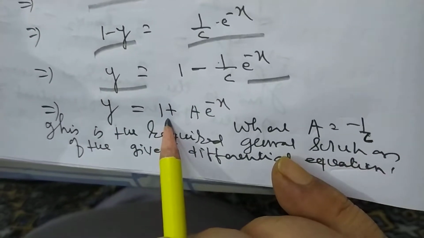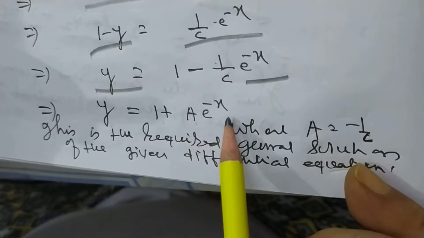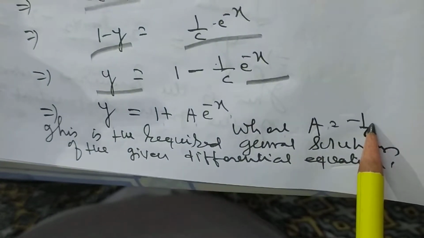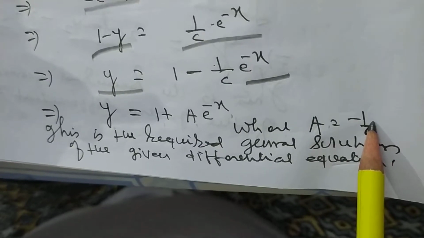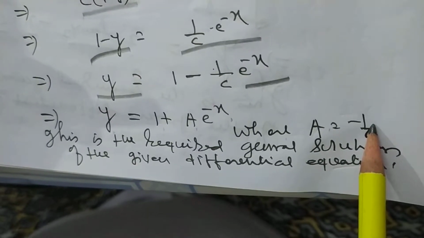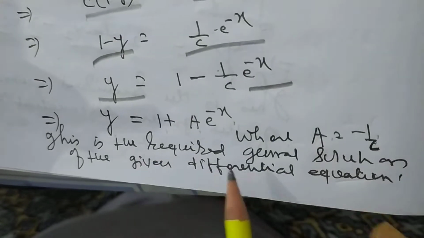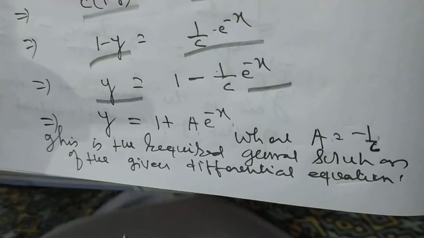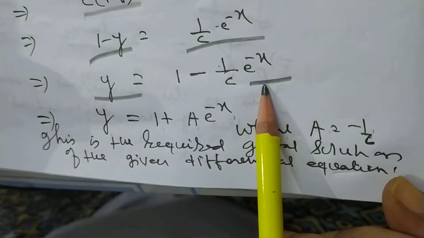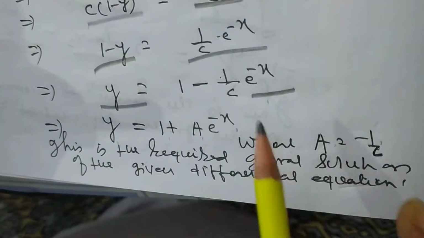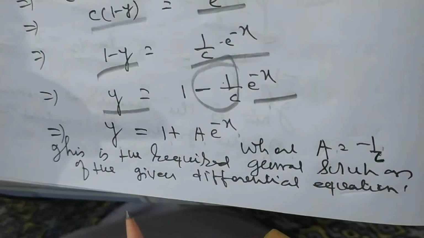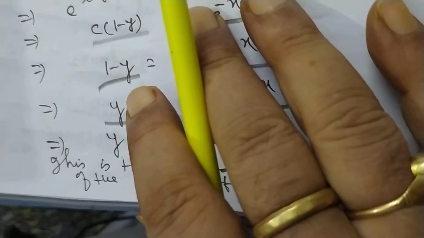So y = 1 + a e^(-x), where a = -1/c. So this is the required general solution of the given differential equation. We arrange it so that a = -1/c, so it will be 1 + a e^(-x).